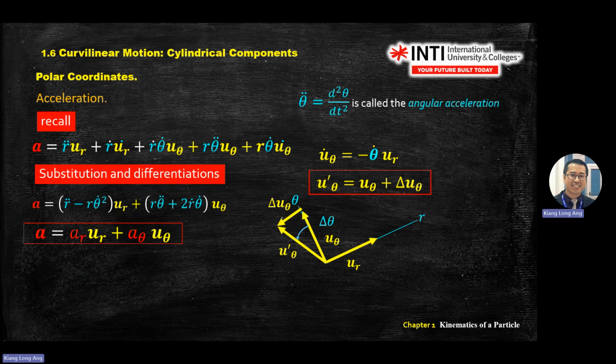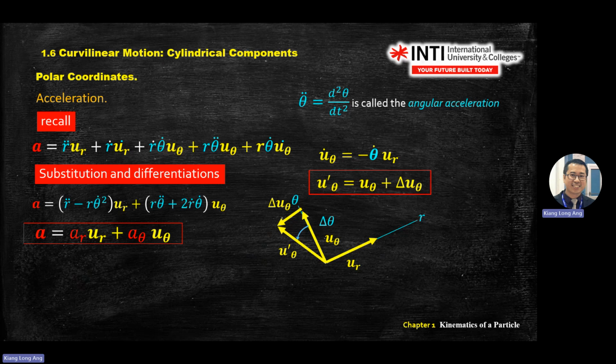From the screen here, the A theta is quite a lengthy calculation, but you just memorize the equation. R double dot means double differentiation. You will be given R equal to, let's say, 3x or something. You'll be given an equation; later we see it in the tutorial question.